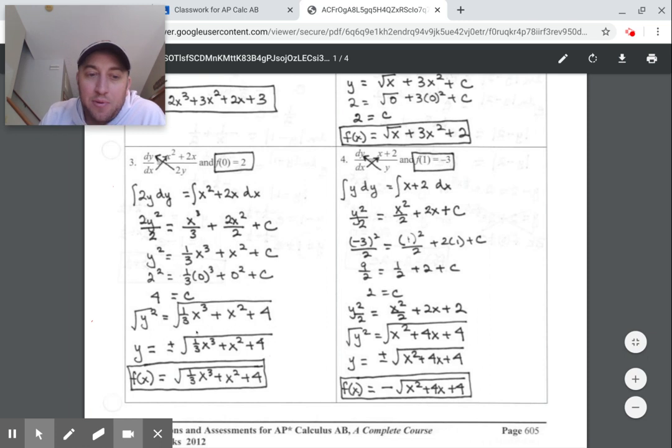Now to get my particular solution for f of x, I need to solve this for y. So I would have to take the square root of both sides. When I take the square root, it could be a positive or negative root. And we would actually have to think about which one of those roots would actually give us the correct answer. I know that if I plug in 0, I need it to equal 2.